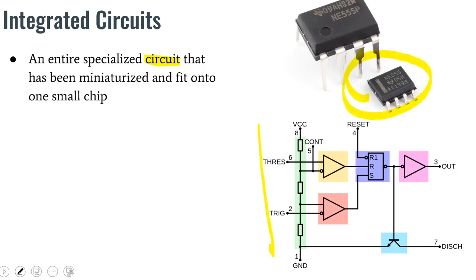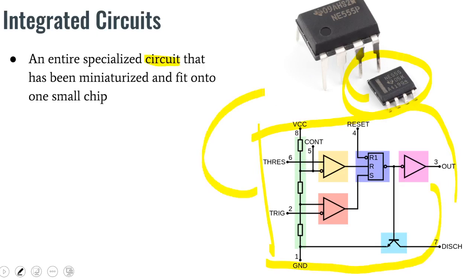So it can be a detailed electronic circuit, and if we can minify that and put it inside a chip, then we can call that an integrated circuit. In the context of this course, we may revisit concepts of microcontrollers and other circuitry that can be built as integrated circuits or ICs.